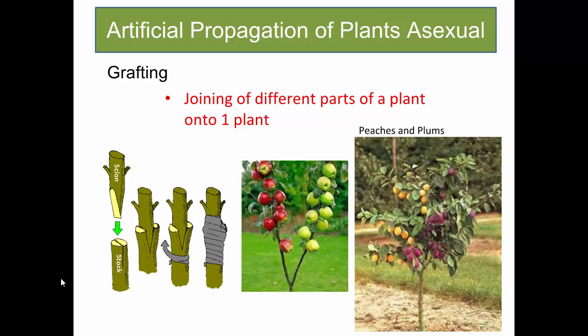Then they take whatever they want to graft onto it, called the scion, and they put it into that slit, like this, wrap it up, seal it up, and the vascular tissue, the xylem and phloem, will heal between these two grafts and become continuous, and they can continue growing. Okay? And that's where you end up. You took two types of apple branches, grafted them onto one root stock, and that's where these came from.